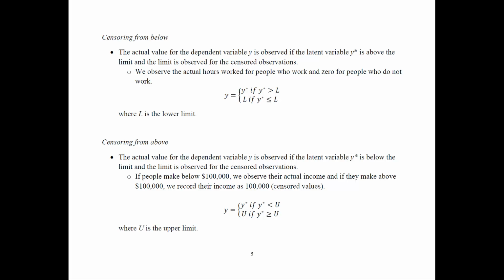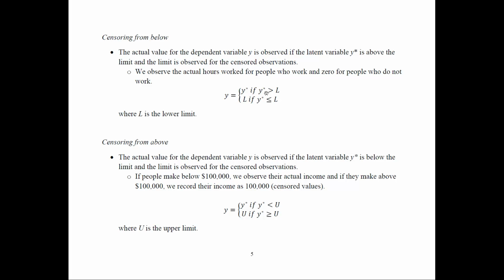So here we have the actual hours worked for people who work and 0 for people that don't work. y is the value that we have recorded in the data. y star is the latent variable, which we don't observe completely.